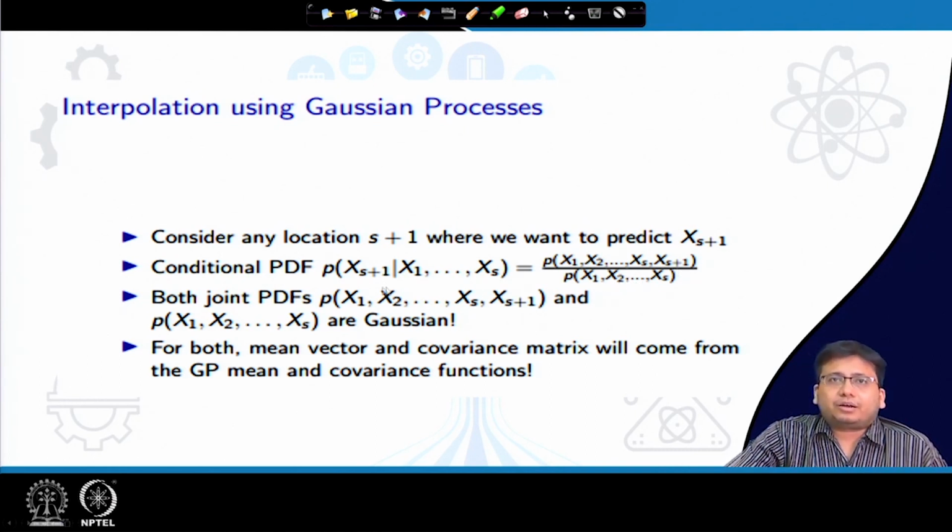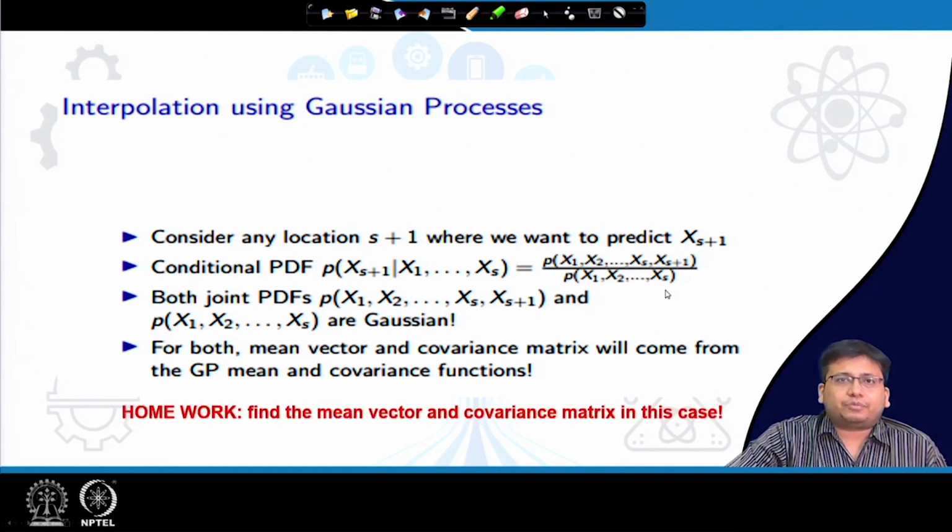So the PDF of x of s plus 1 conditioned on the observations follows a distribution whose PDF is a Gaussian PDF divided by another Gaussian PDF. You can work out the algebra and find that after doing this division the resulting PDF is still a Gaussian, though the parameters will change.